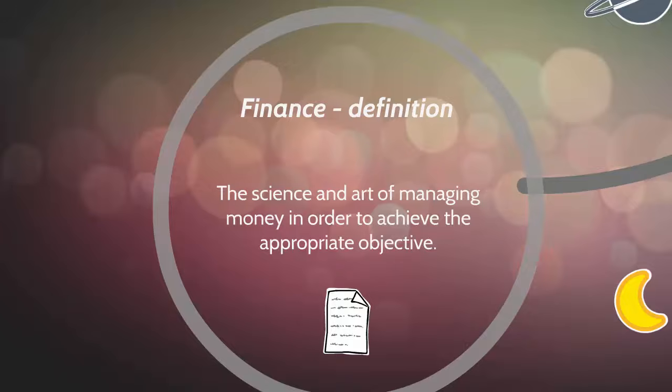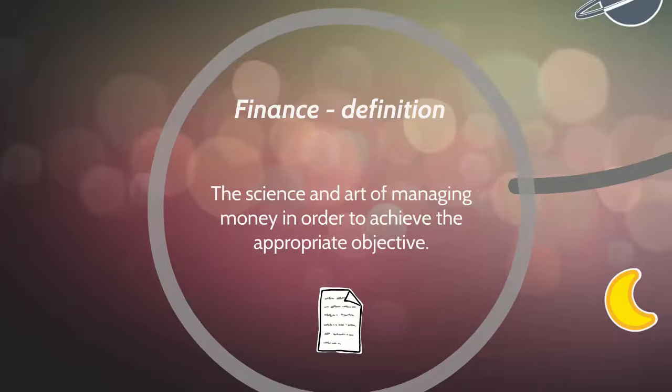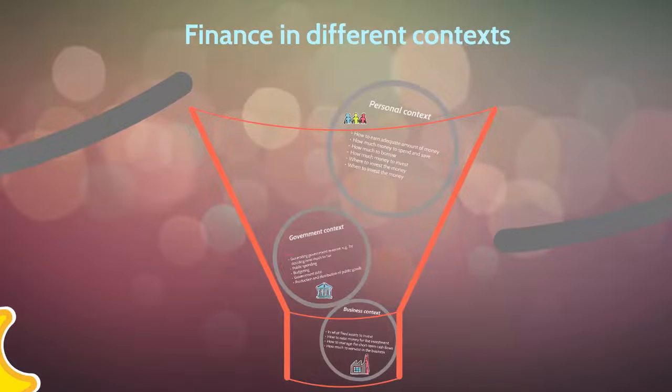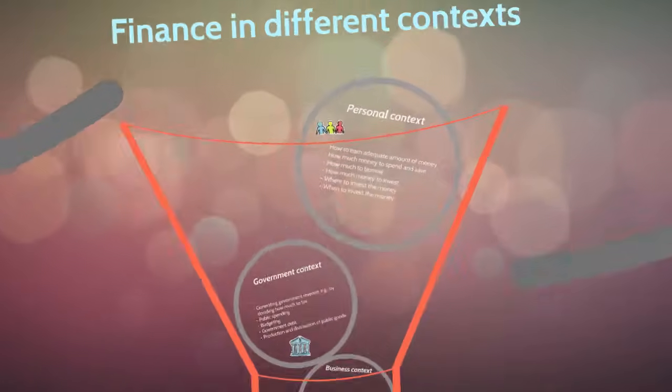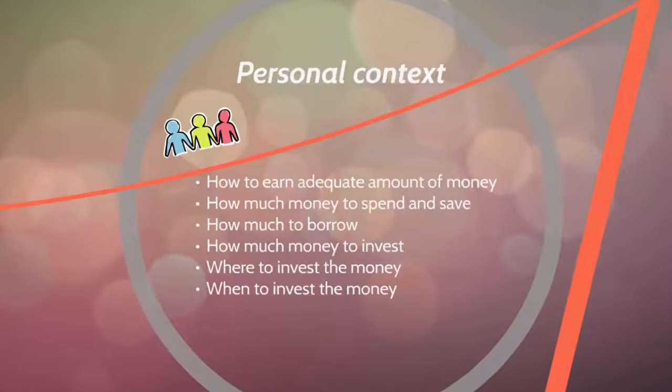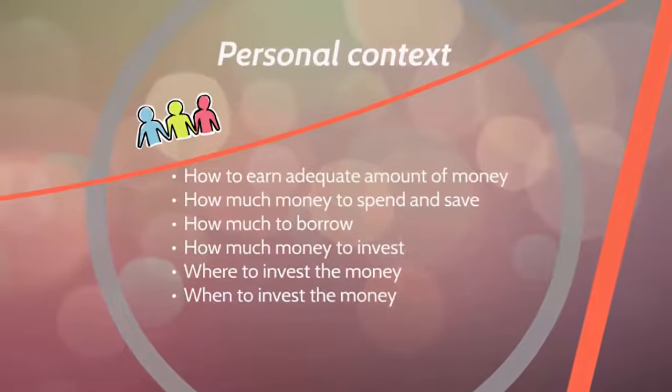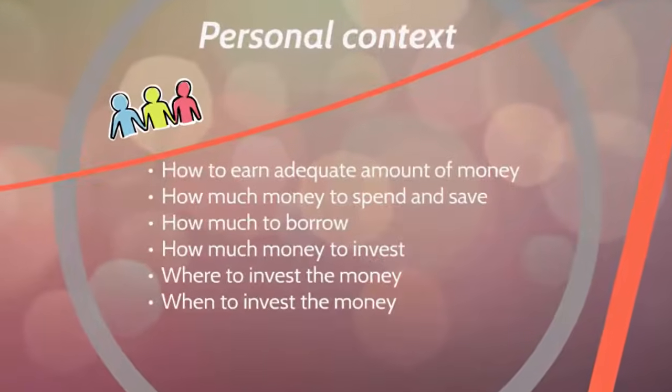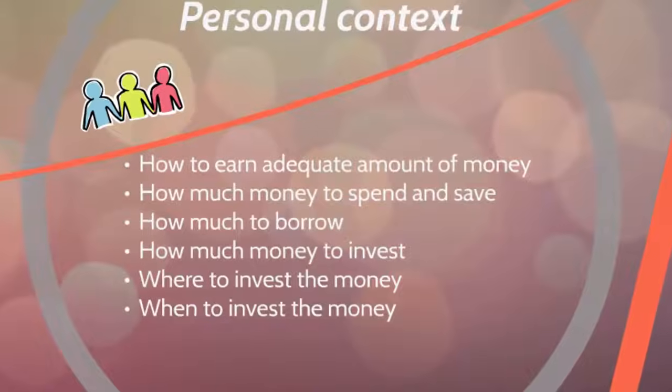Finance is a wide area, and it can be taught in different contexts, like personal context, government context, or business context. From the personal context, finance is the management of money for personal objectives.